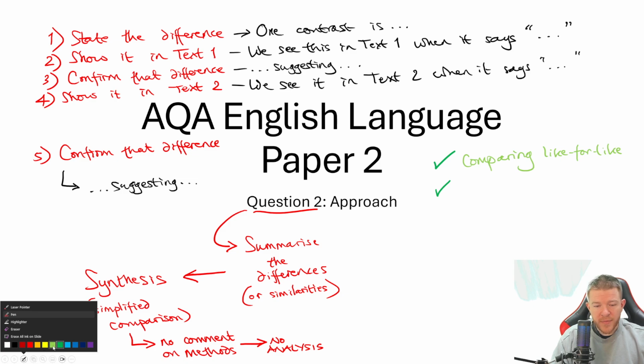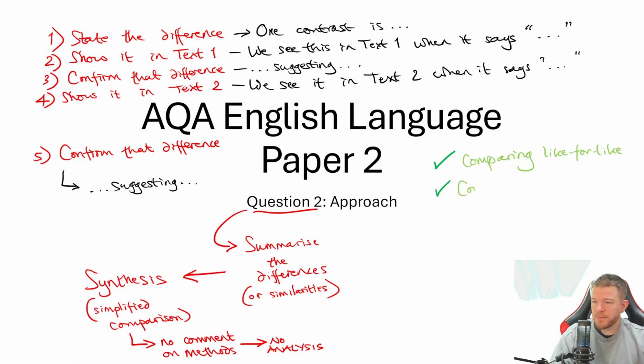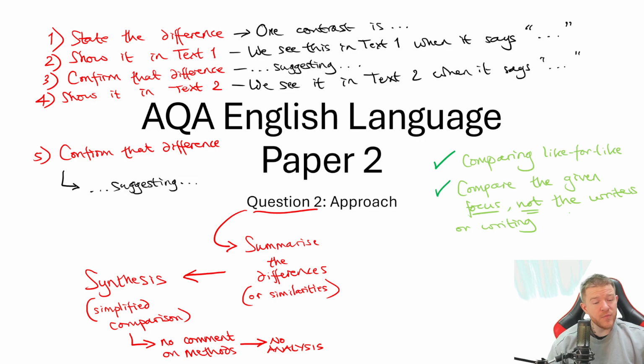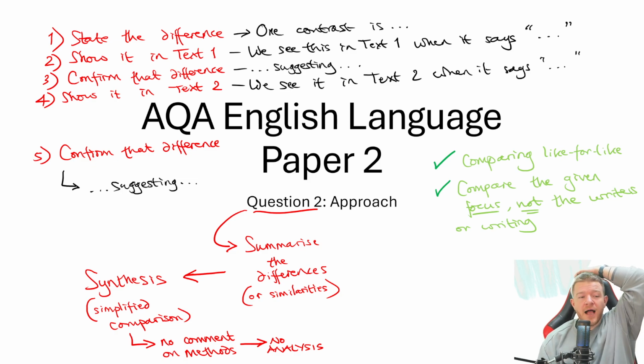The next thing to make sure that you do is to compare the given focus, not the writers or writing. What do I mean by that? Let's use the train example again, which was on a real life past paper a few years ago.